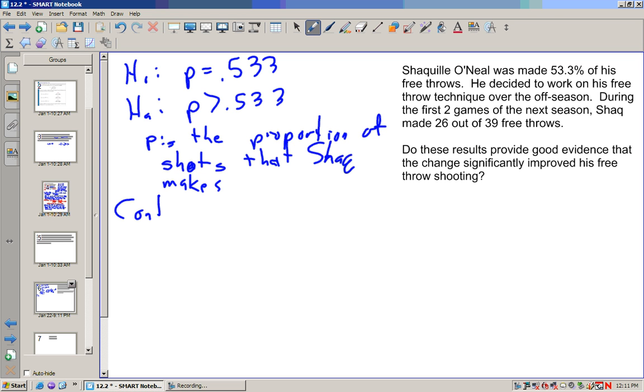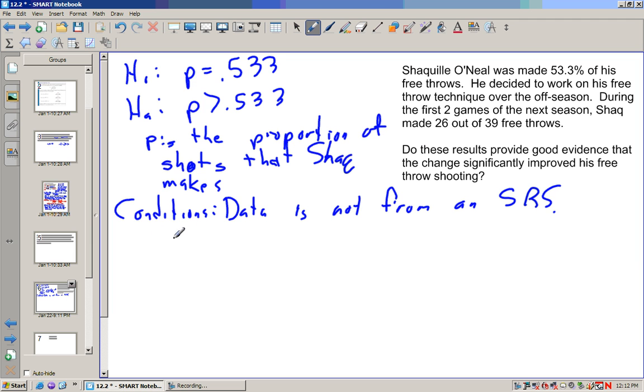All right, for conditions. Now, this isn't from an SRS, and it wouldn't even make sense to take an SRS in this situation. Now we want to check normality.